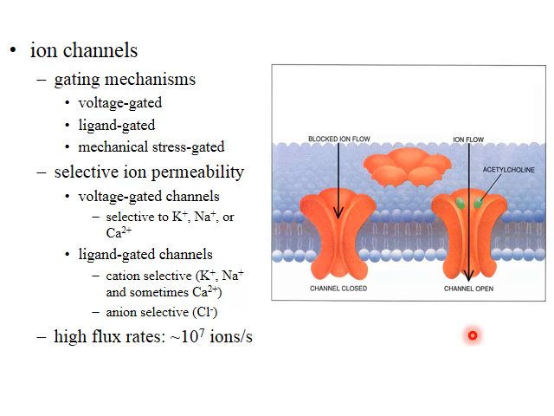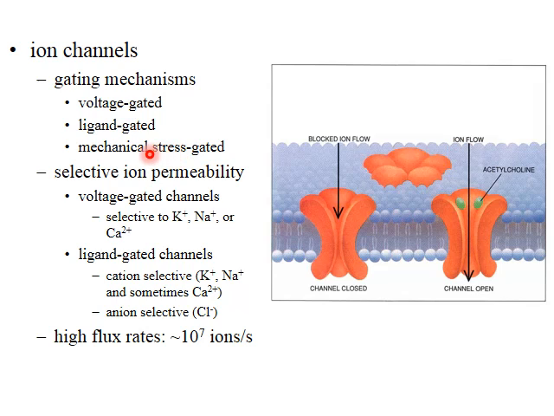One of the ways of classifying different ion channels is by the gating mechanisms that lead to the opening of the channel pore. There are 3 types of gating mechanisms in different types of ion channels: voltage-gated channels, ligand-gated channels, and mechanically gated or stress-gated channels.